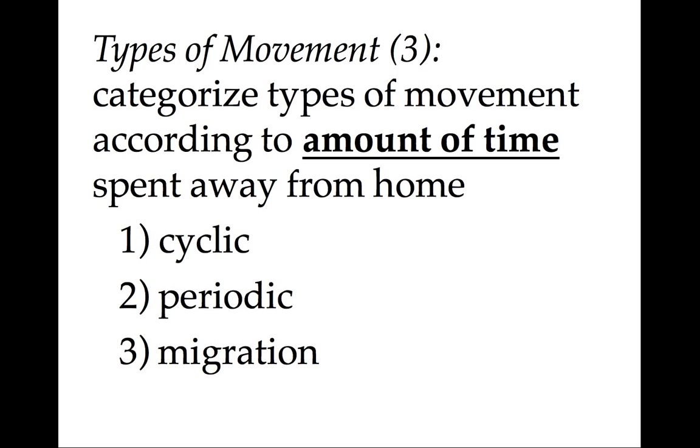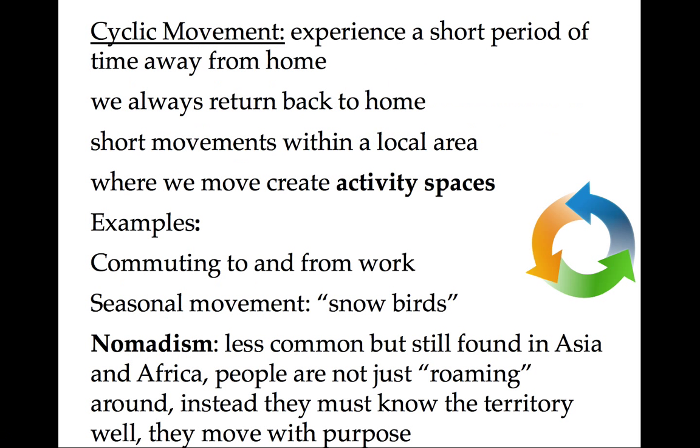The other type of movement is periodic movement, and I like to think of periodic as like every now and then we're moving around. And again, we'll look more deeply in terms of like, well, how long is that? And then finally, most likely the type of movement that you're more familiar with is migration, which refers to permanent movement.